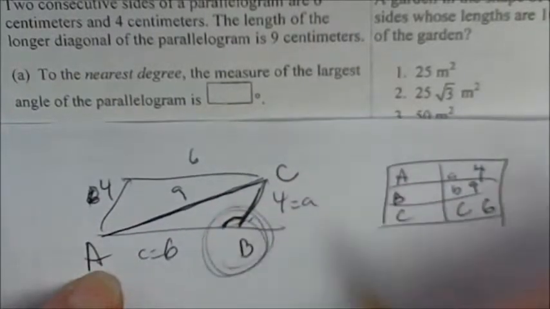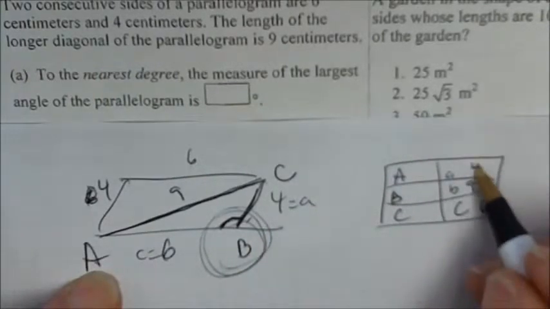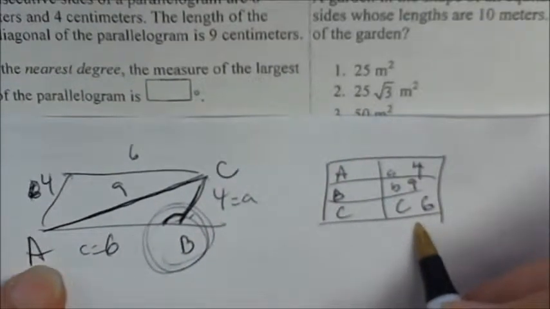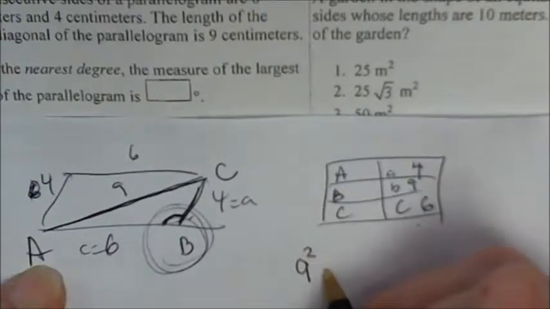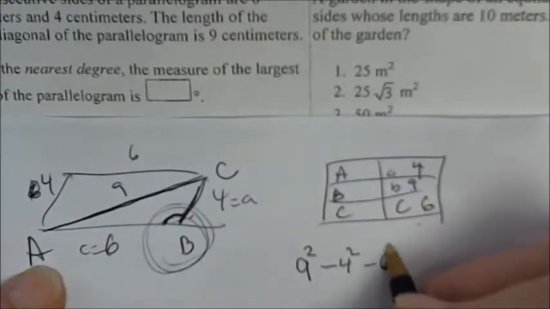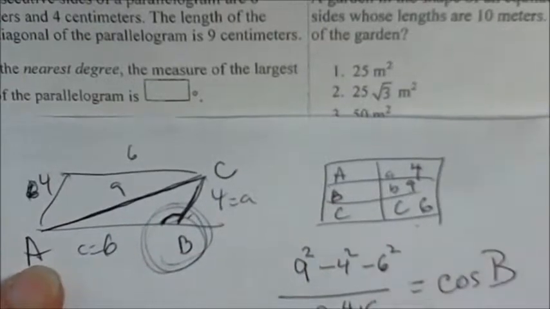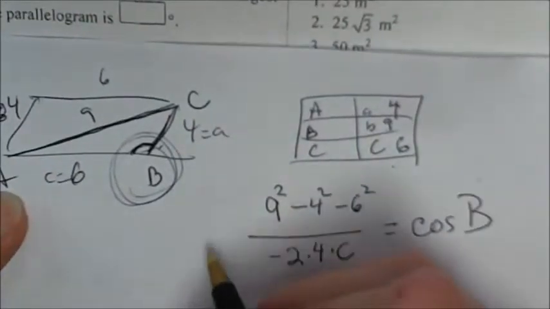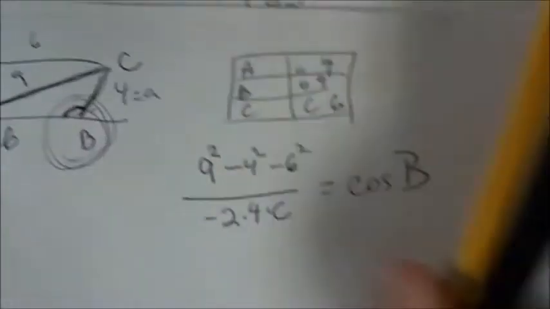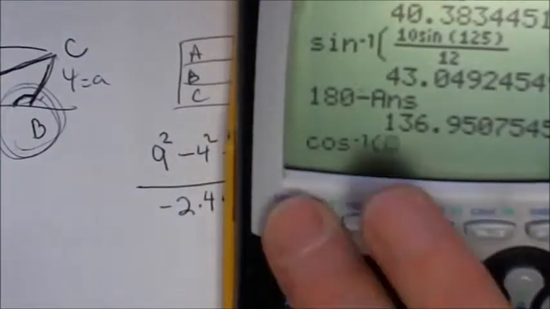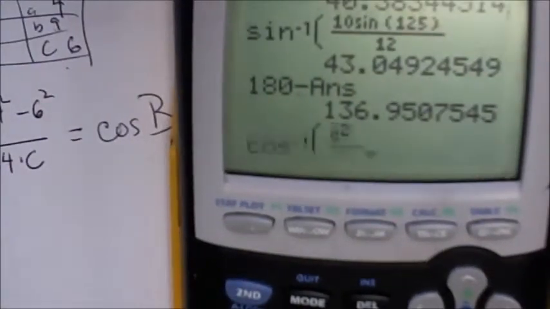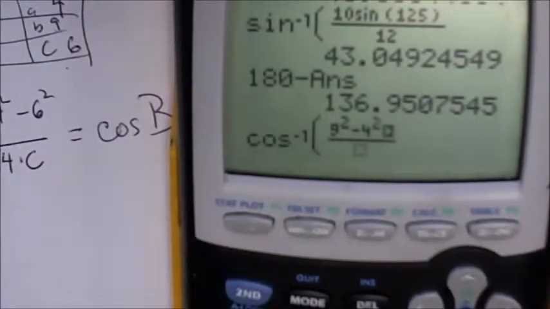And they want us to find angle B. So if they want us to find angle B and you have side, side, side, it's the modified law of cosines, which says b squared minus a squared minus c squared all over -2 times a times c is equal to the cosine of B. So if you just do the arc cosine of that, arc cosine of 9 squared minus 4 squared minus 6 squared all over -2 times 4 times 6.